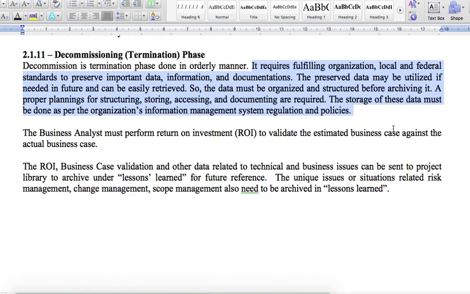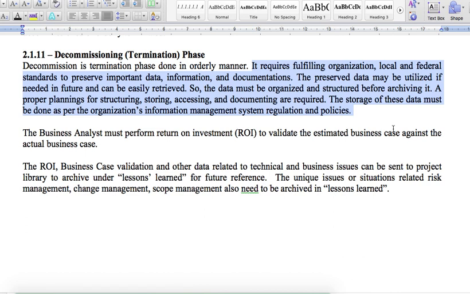The important part to remember is that it can be easily retrieved. You can't just discard the customer data or other operational data, because due to audit and other regulatory requirements, you need to archive them.